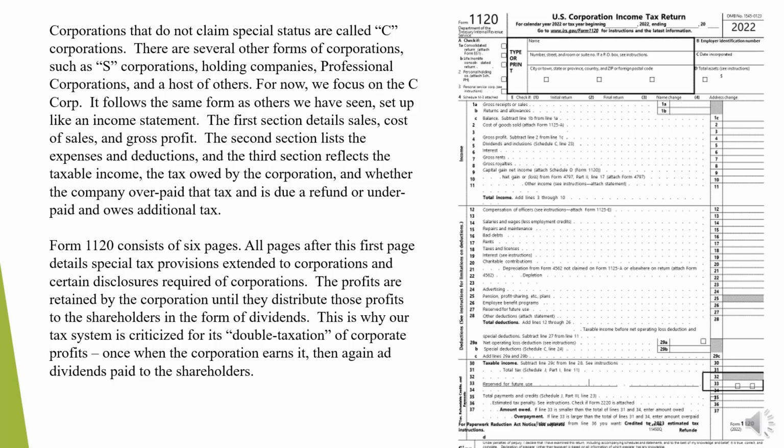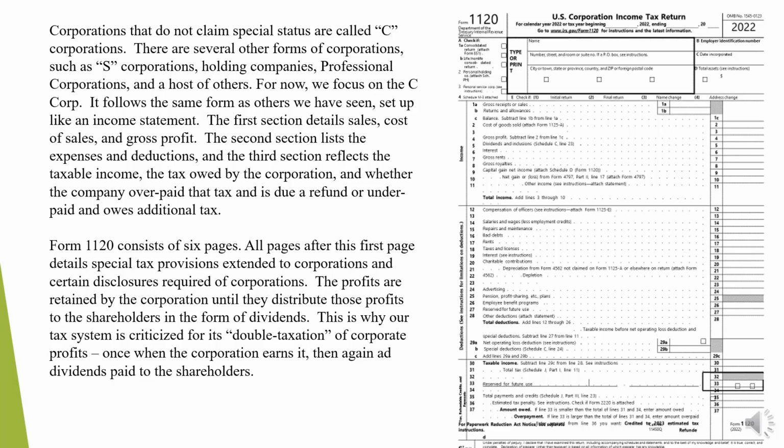Now, this Form 1120 consists of 6 pages. All pages after this first page detail special tax provisions extended to corporations and certain disclosures required of corporations. The profits are retained by the corporation until they distribute those profits to the shareholders in the form of dividends, as I mentioned before.